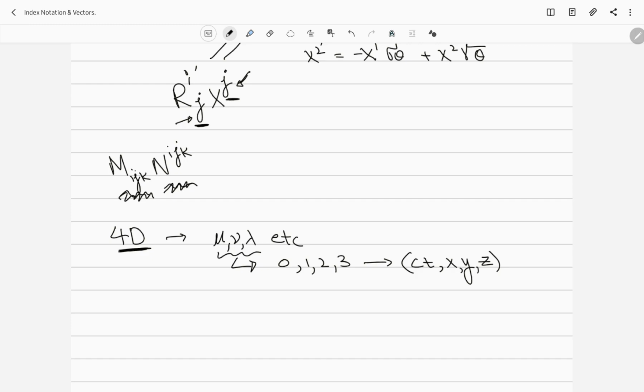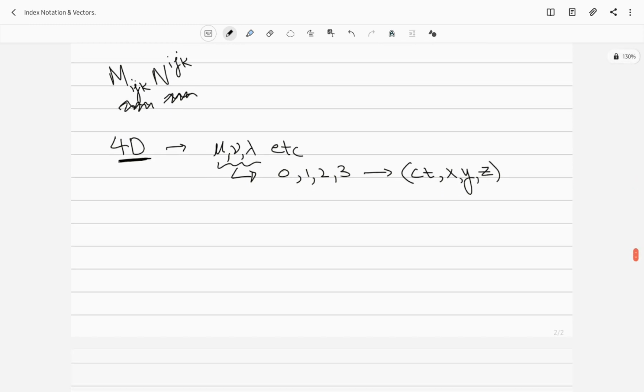Now in some cases you will see objects that have one primed and one unprimed index. That is just the transformation from one coordinate system to another.